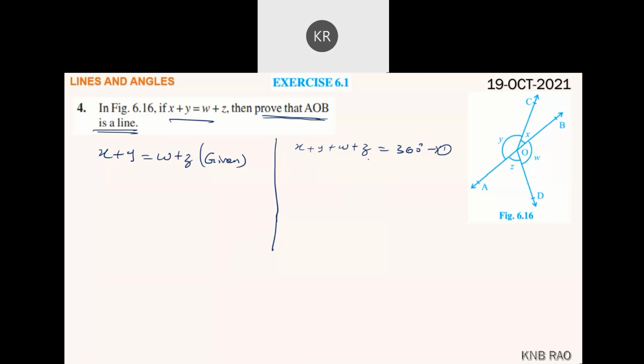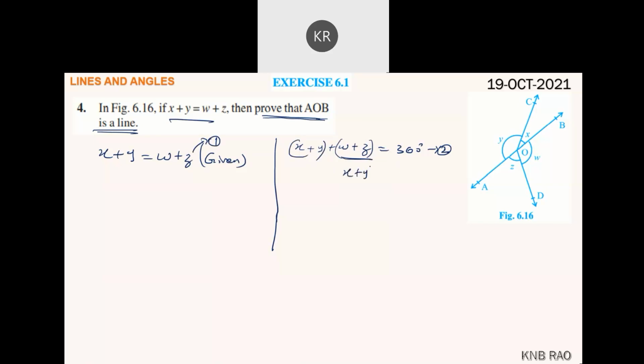Yeah, let's move on to here. Now, proof: I am taking this portion as 1 and this portion as 2. Now I will use, instead of y plus z, w plus z, I'll use x plus y.